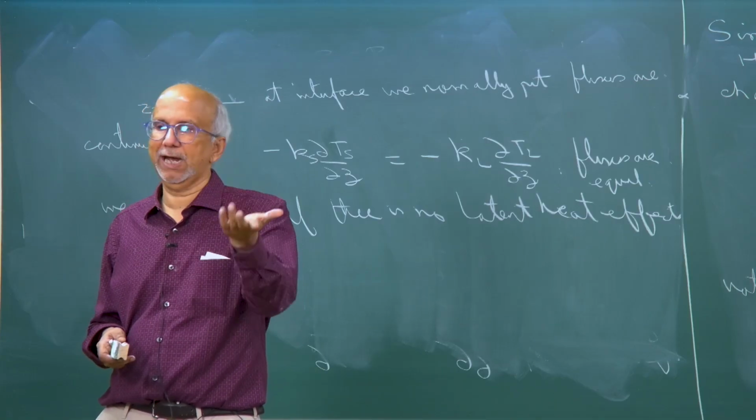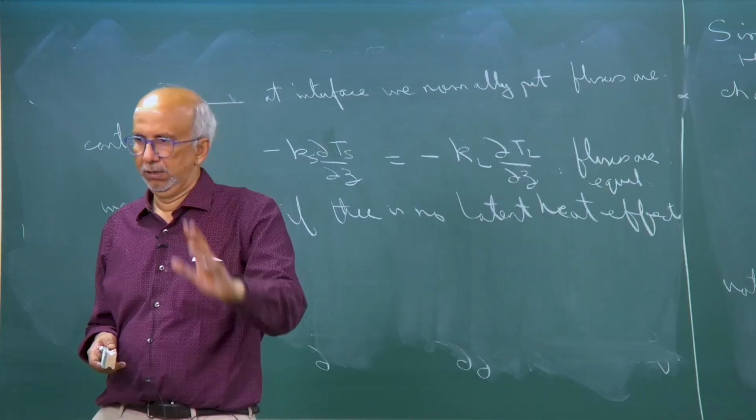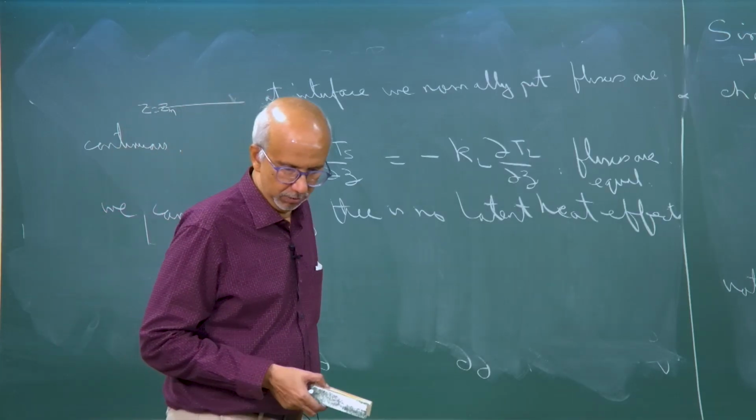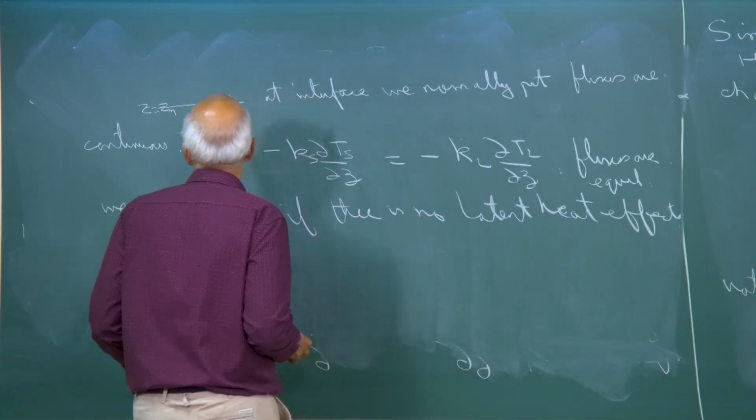So, it will look like I do not need something extra, but I need something extra because the interface position is not known. So, how do I get this interface position?